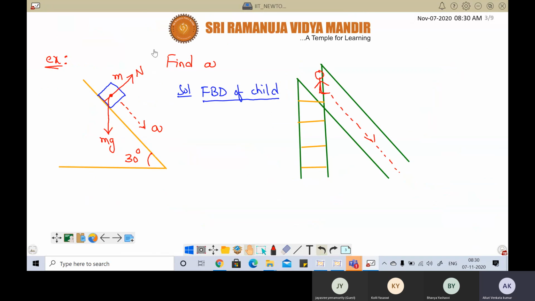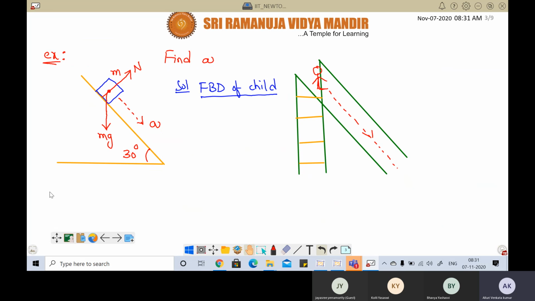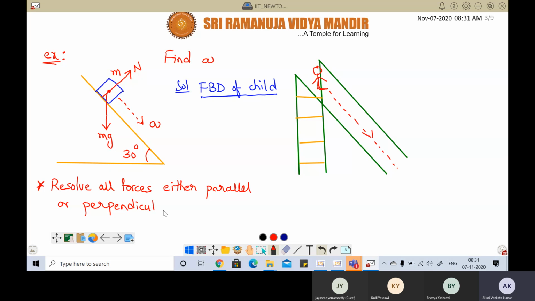So whenever an inclined plane situation like this comes, a very important point is to resolve all forces either parallel or perpendicular to the direction of acceleration.